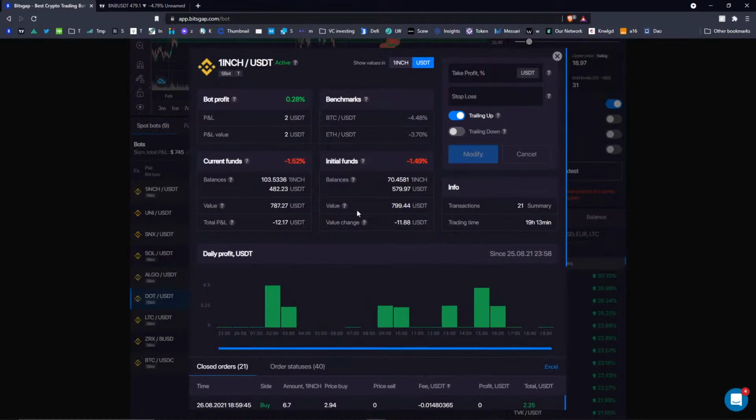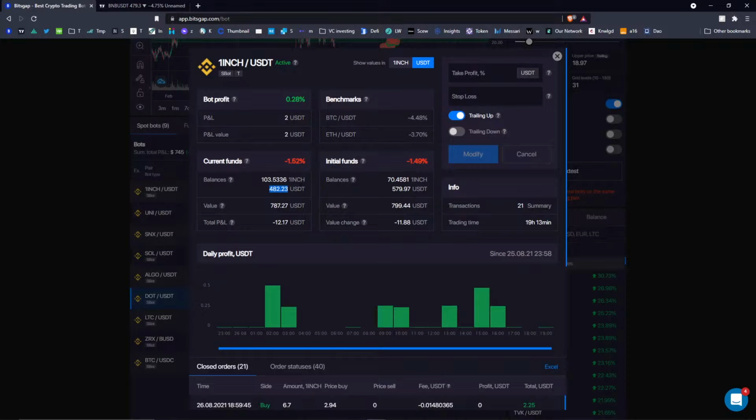So it takes into account the value of current funds, the base currency that I have right now in this strategy. So that's the amount of 1inch that the bot has purchased, and the amount of USDT in this strategy, which is the pending orders to be used to buy more 1inch in case the price of 1inch falls.